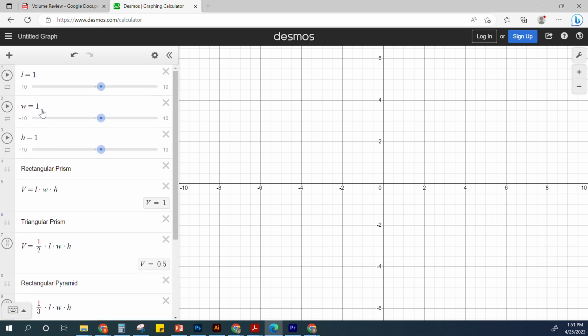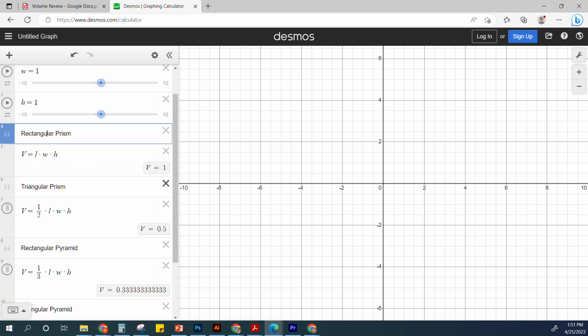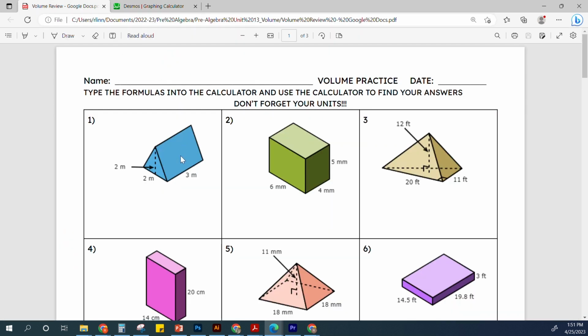So now that we have all four of our formulas in here, triangular pyramid, rectangular pyramid, triangular prism, and rectangular prism, now we can go ahead and start solving our problems. So we've got 12 total problems in here. We're going to go ahead and start each one of these problems by identifying the information that we know going into this.